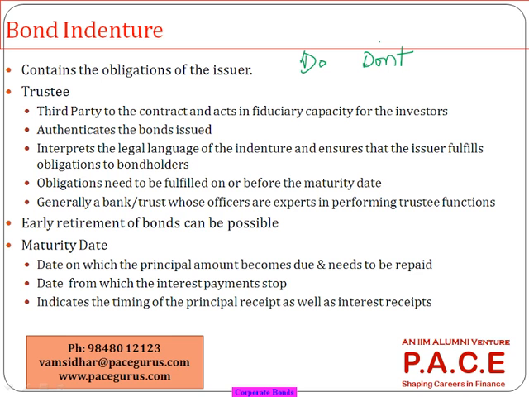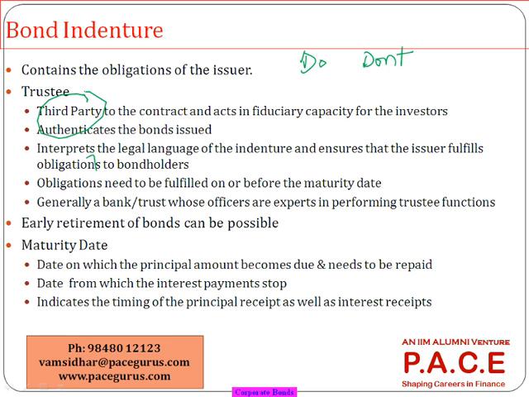And to make sure that the bond will fulfill its obligations, a trustee is maintained for every issue. For every bond issue, a trustee comes into the picture. It's a third party to the contract, not a member of the company, not a CEO of the company.